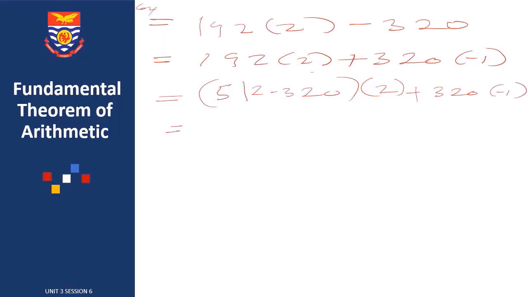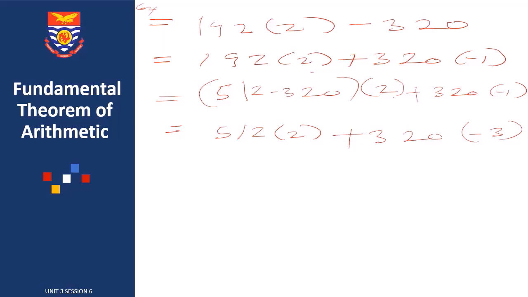We can simplify this further. If we expand the bracket, we get 512 times 2 plus 320 times minus 3, because there will be minus 2 here and another minus 1 here, so minus 3.